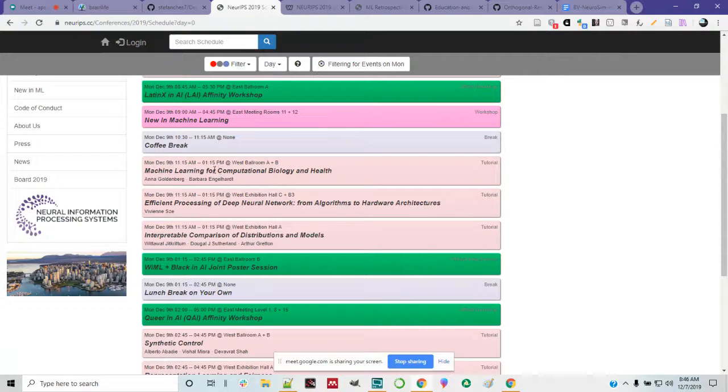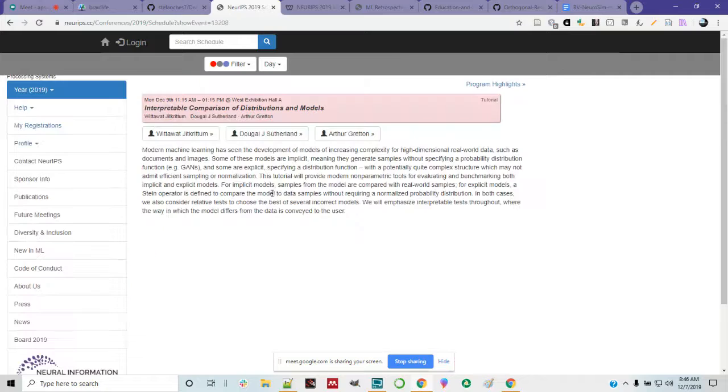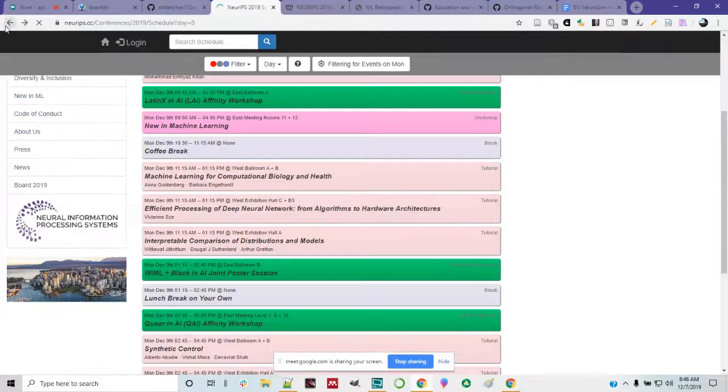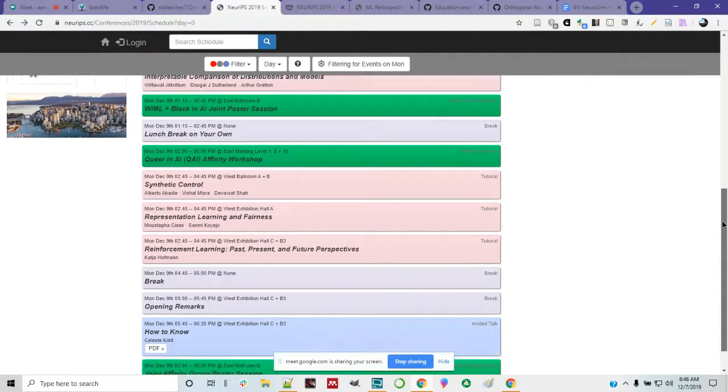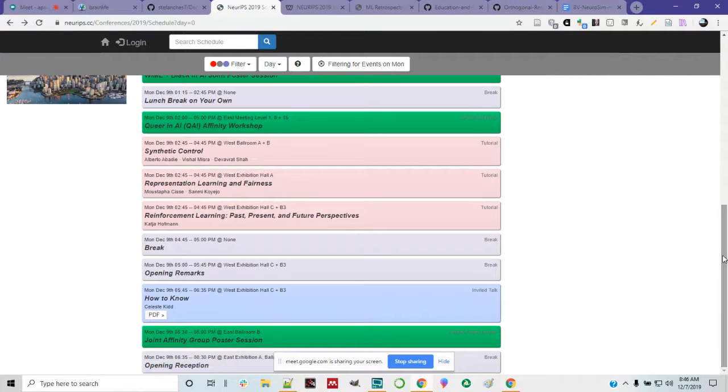There are some sessions here on machine learning for computational biology and health, or interpretable comparison of distributions and models. And they're just all these different topics that people are working on. This represents the cutting edge of the field. So if you want to get a sense of what people are working on, this is a good way to see what's going on in the field without really going to the conference.